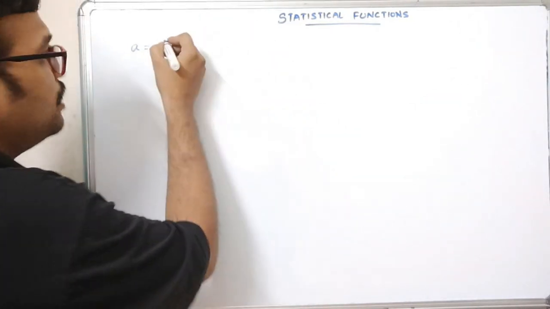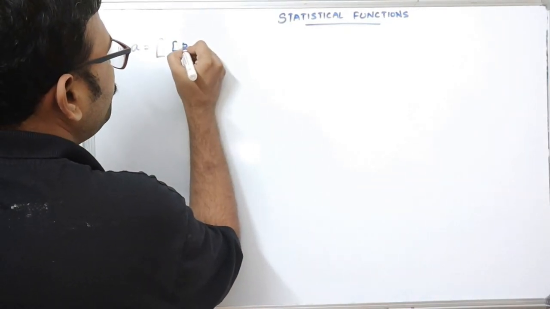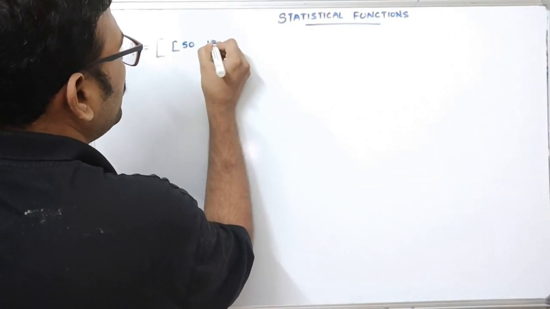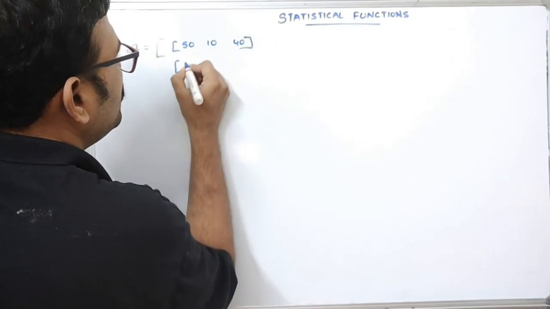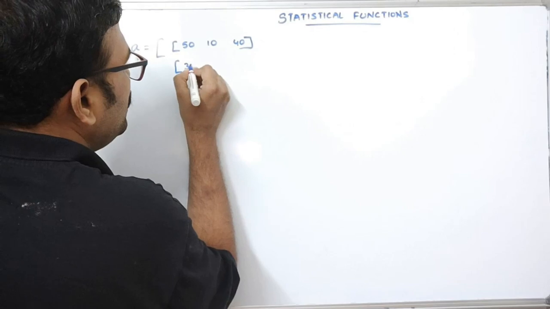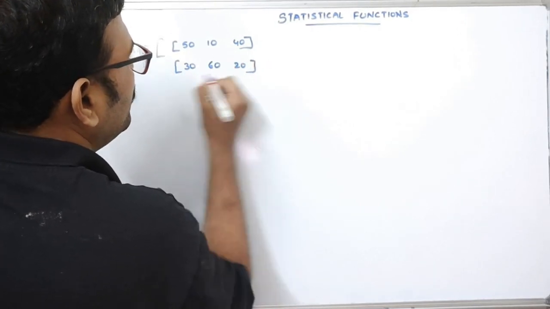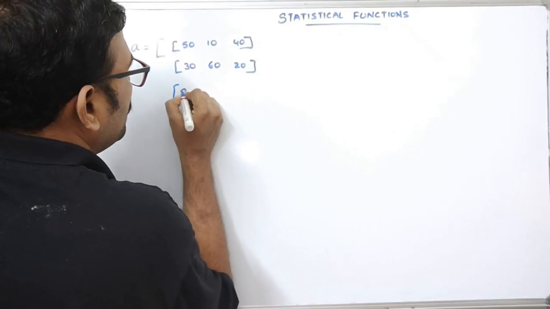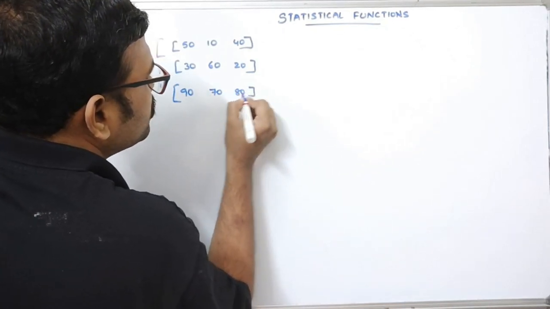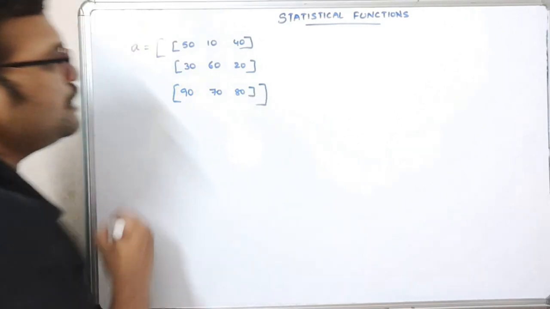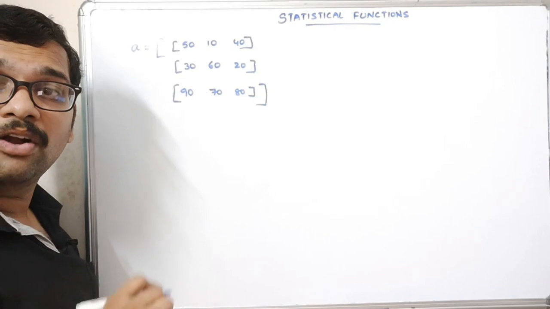I will just take the elements: 50, 10, 40, similarly 30, 60, 20, and 90, 70, 80. So this is the array. From this array we have to find all those things.